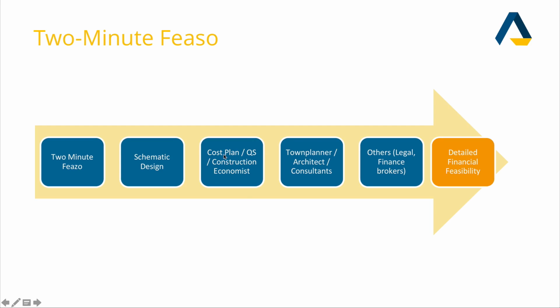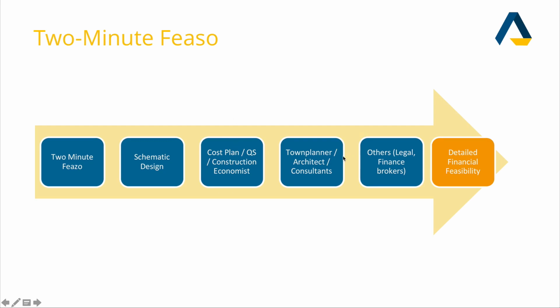But for the small to medium-sized developments, if you've done such developments before, you'll be able to figure it out quite easily. And once I explain to you how to use the application, you'll be able to figure all of these out in no time. So we've got cost plan, quantity surveyors, construction economists. These people are the ones who are actually going to give you the actual cost plan for that.